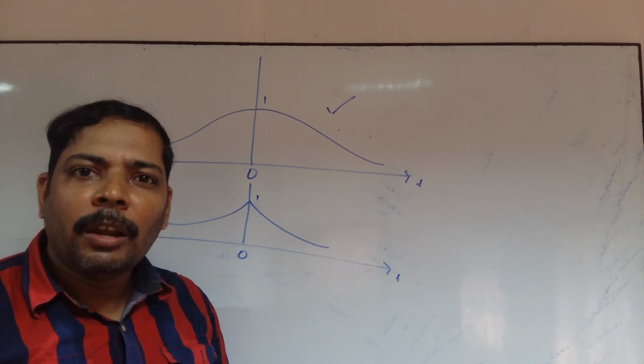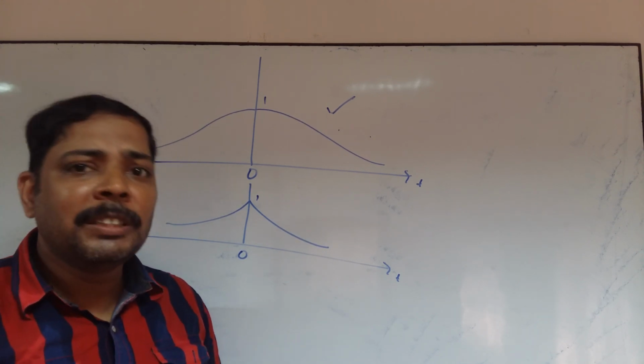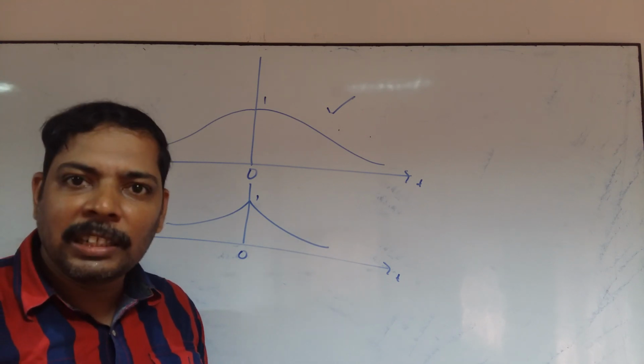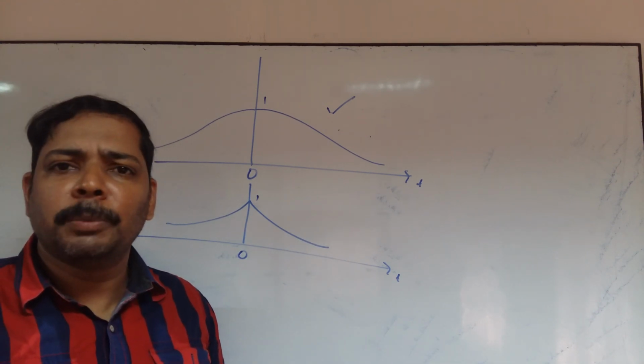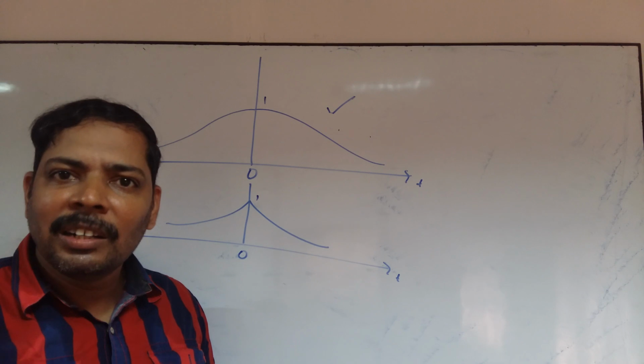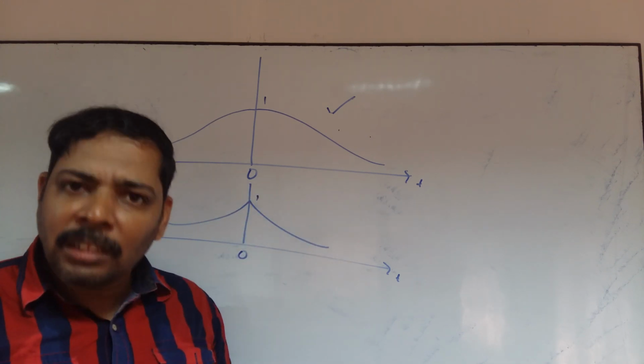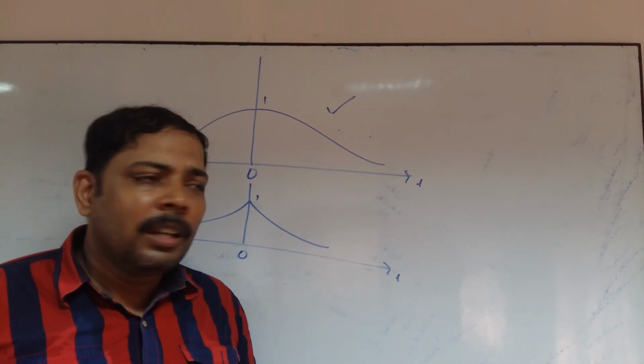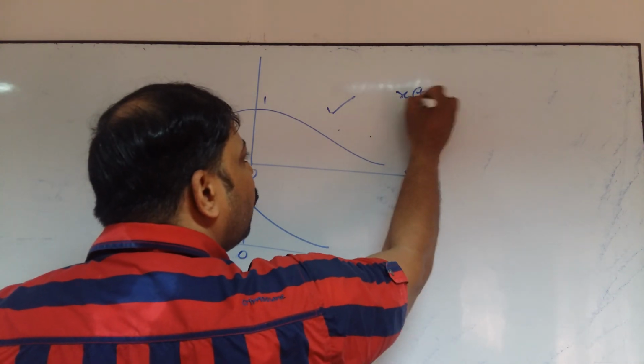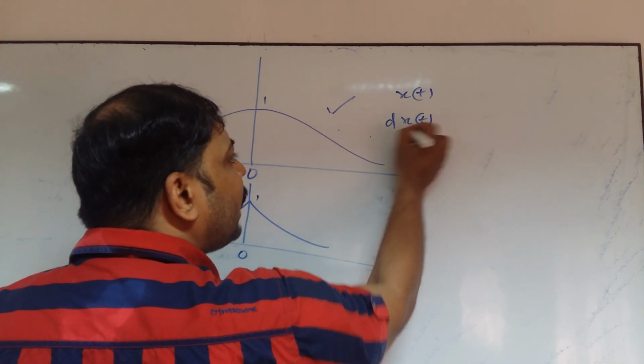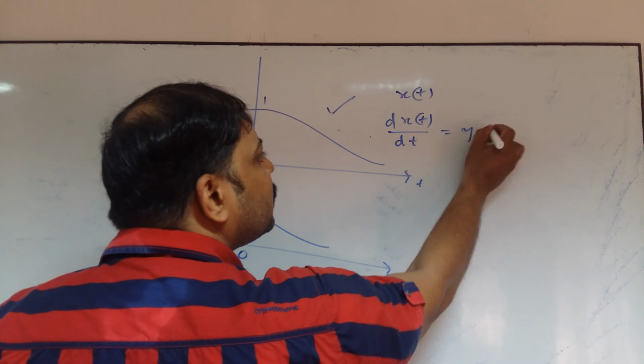Suppose there is a function which is a function of time, that means a signal. If you differentiate this signal with respect to time, then you will find another signal. Derivative of one signal is another signal. Simple concept. Suppose you are having x(t). Now if you differentiate this x(t) with respect to time, you will find another signal, suppose it is y(t).